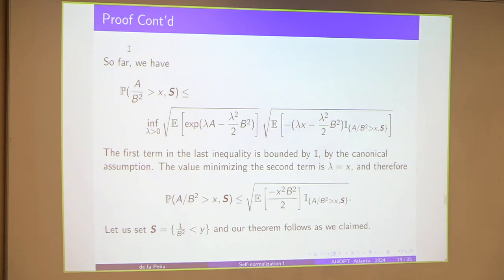Now, if you erase the indicator, you get something which, if you know the distribution of B squared, then you can calculate this. And so you get what I think is a better self-normalized inequality than the one where I take S to be the indicator of 1 over B_n squared less than 1. So, I mean, that's in my paper.